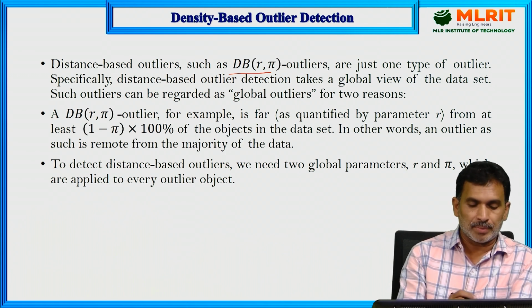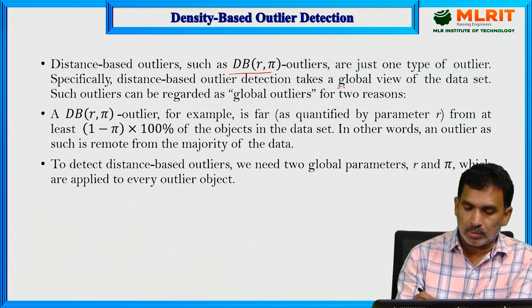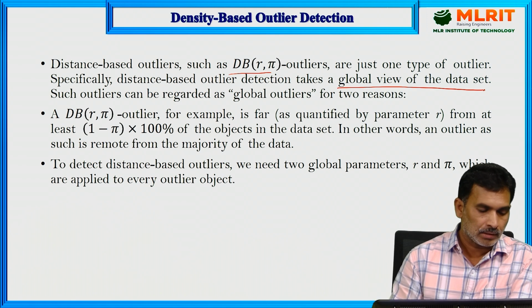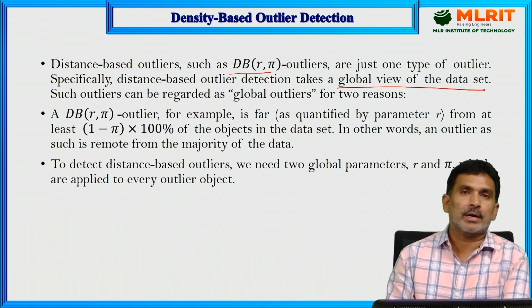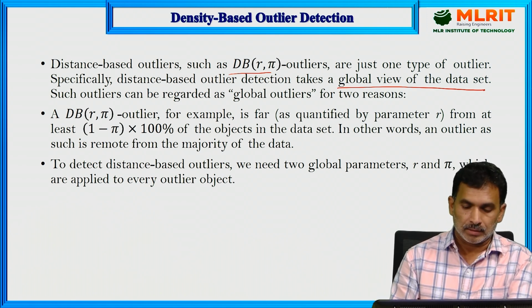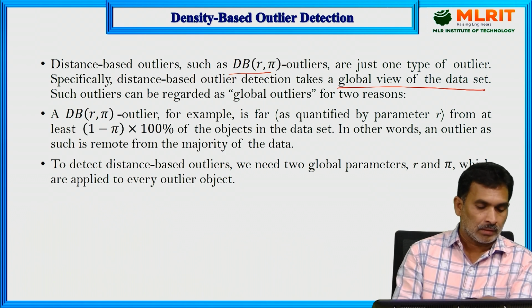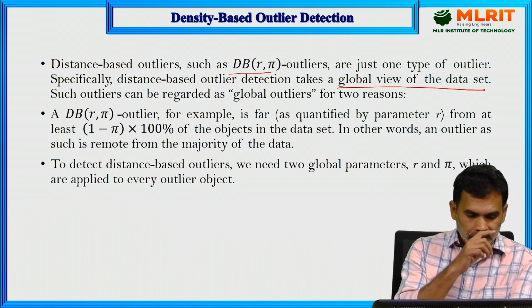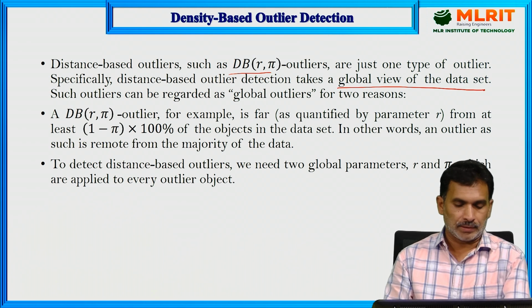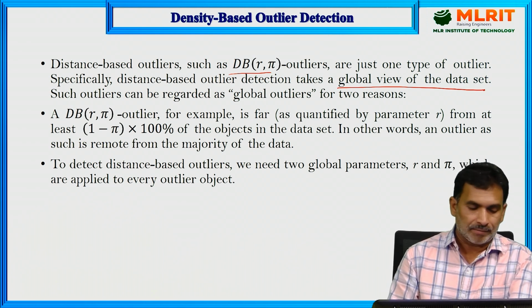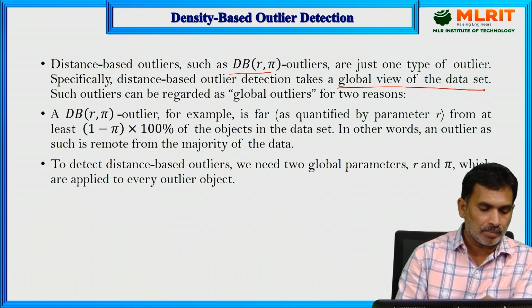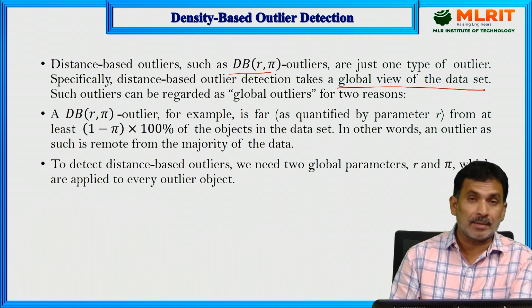Specifically, distance-based outlier detection takes a global view of the data set. Such outliers can be regarded as global outliers mainly for two reasons. One is that a DB(r, π) outlier is far from at least (1 minus π) times 100% of the objects in the data set.